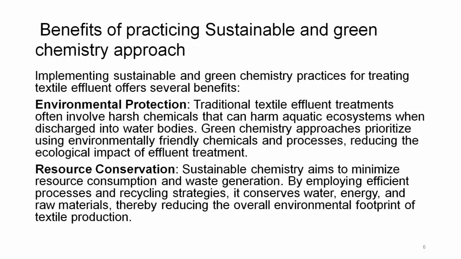By employing efficient processes and recycling strategies, it conserves water, energy and raw materials, thereby reducing the overall environmental footprint of the textile production. So, if we look in totality, we will see that if we use the resources that are generated or the byproduct, then there will be less waste generation, and that is a very good situation.